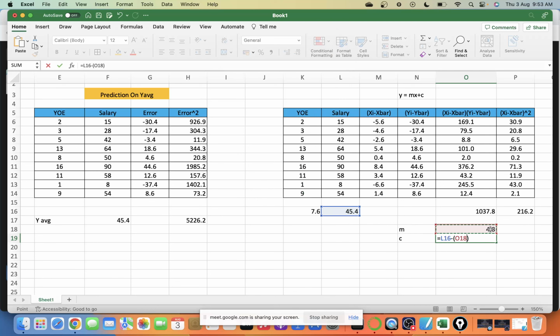Right? So we got the value of c. Yes or no?